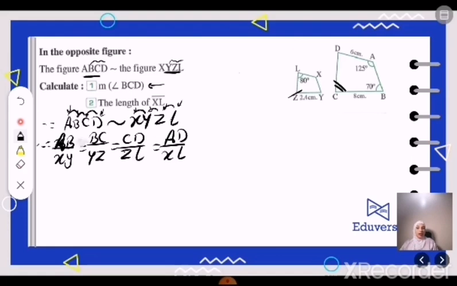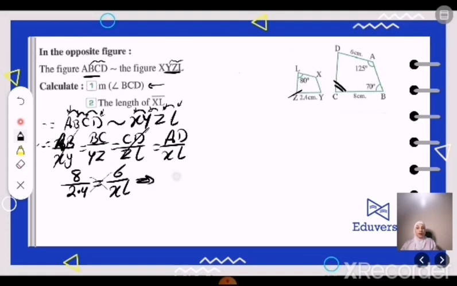I don't have AB, I don't have XY, I don't need it already. BC, we have it, it's 8 over YZ, which is 2.4, seems to be the ratio that will help me get what I need. CD and ZL, I don't have any of them and I don't need it. So I have AD, which is 6 over XL, which I need to find.